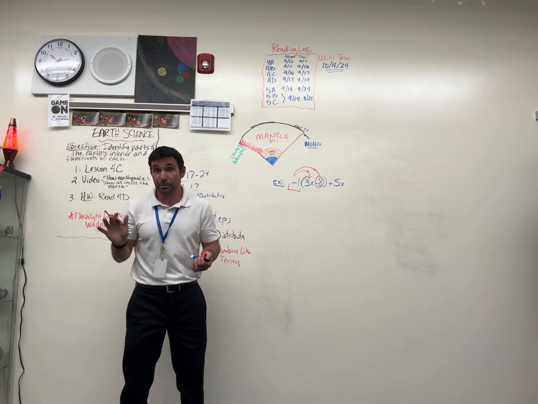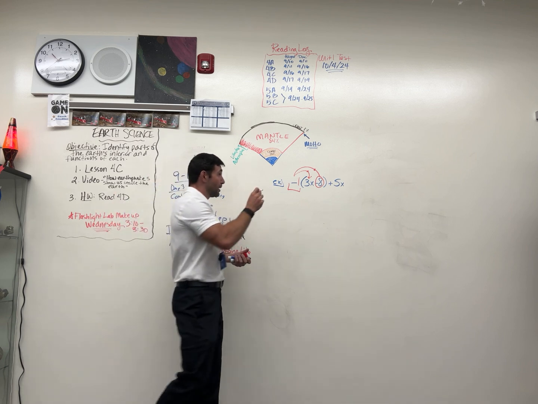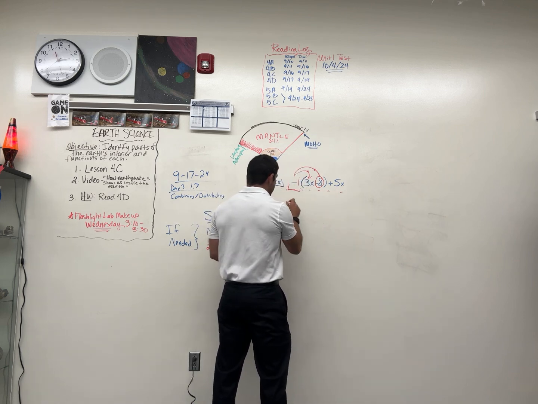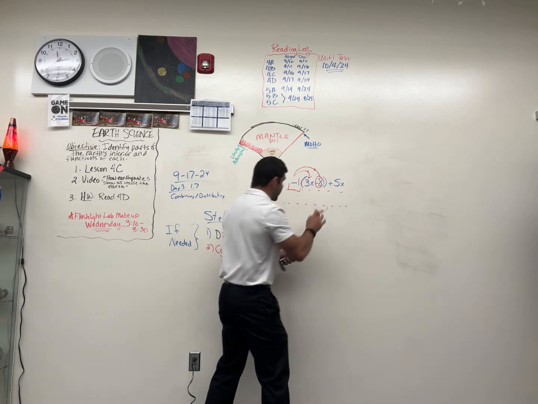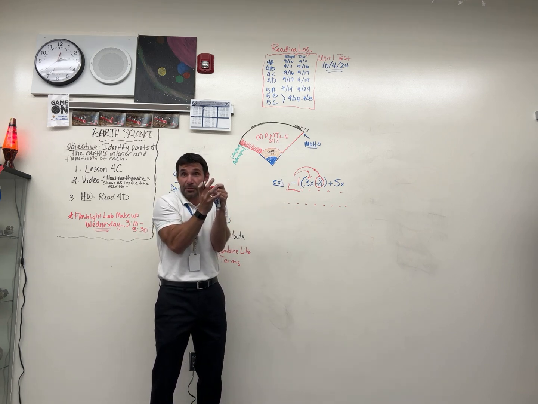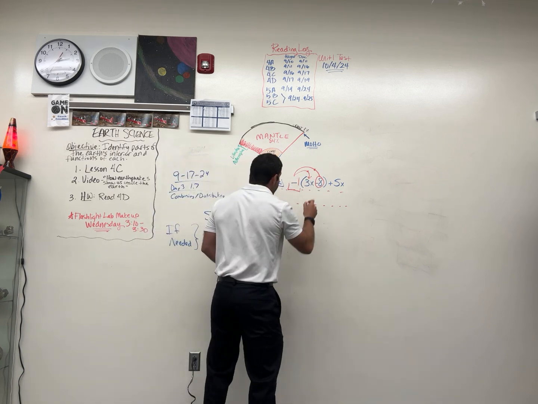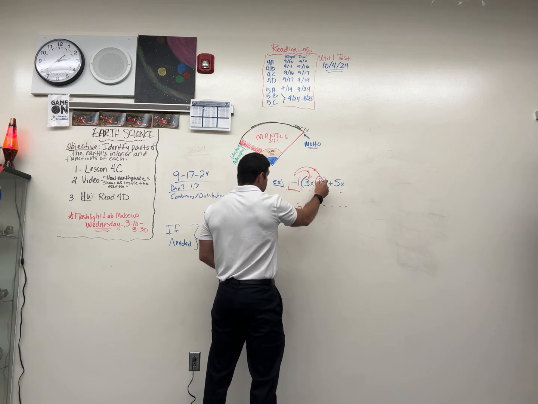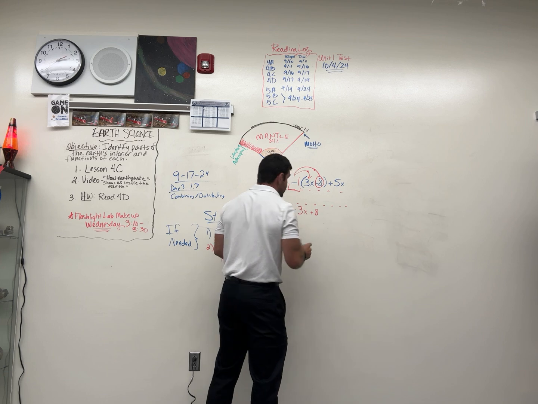Gentlemen, this is more for you because ladies usually have nicer handwriting. My writing is like a child's. If it's on a line here, I would skip a line. That way you're not crushing it in there and you can't see something. So skip a line. Negative 1 times 3x is negative 3x. Negative 1 multiplied by negative 8 is positive 8.